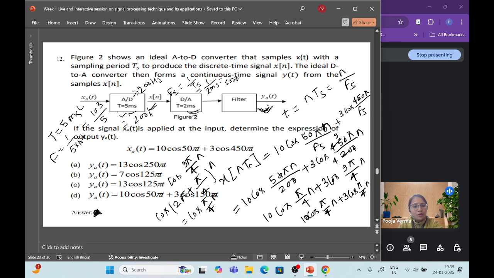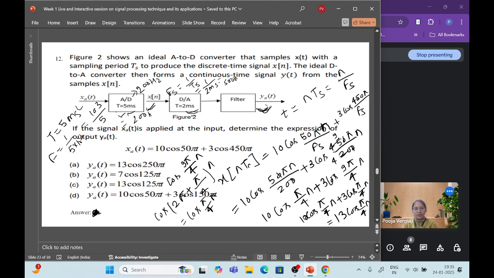Now 10 cos pi by 4 n plus 3 cos pi by 4 n, we can directly add here. That means 10 plus 3 is 13. The amplitudes will be added because the frequency and phase are the same. So 13 cos pi by 4 n. So now we have got x of n.